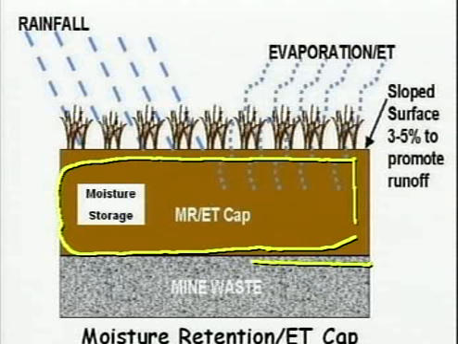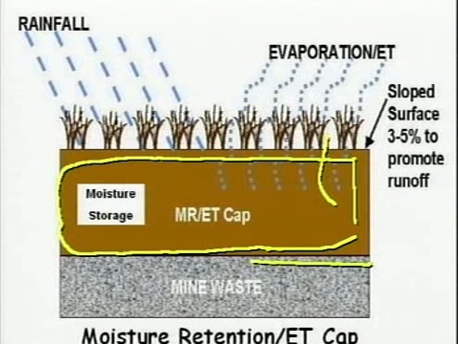A veneer of topsoil or growth media is typically required though. Plants on the surface are an integral part of this design as they help to wick the moisture out of the cap and either bind it into the plant tissue or release it to the atmosphere. This design works best in arid climates and is not appropriate in wet climates because of the poor rates of evapotranspiration that are typically found there.